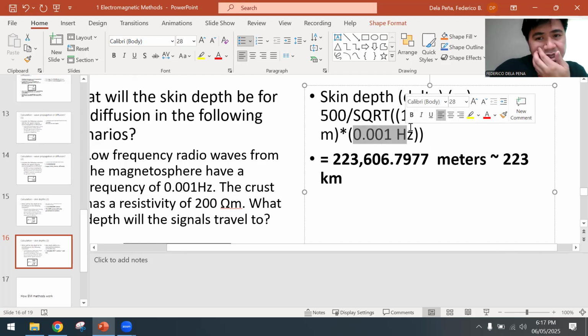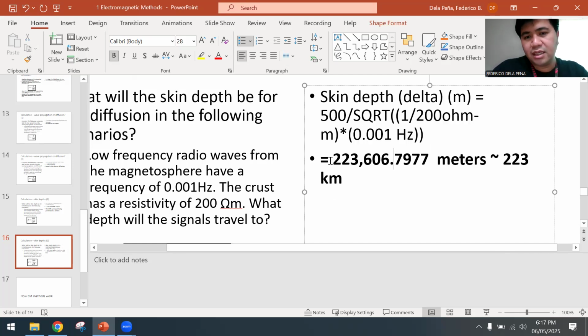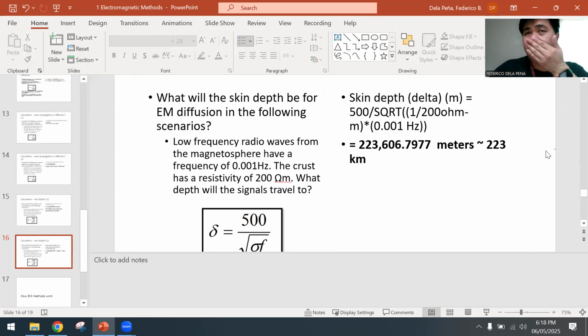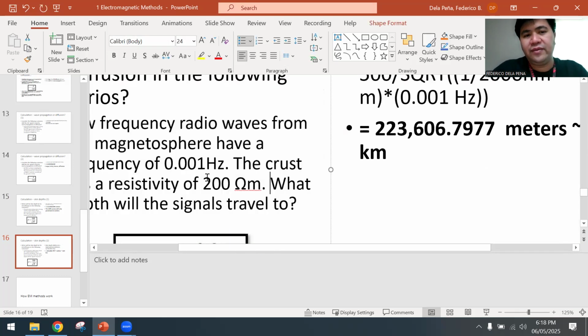And then this is your frequency, 0.01 hertz. And the result is 223,000 meters, or 223 kilometers. So it can penetrate really deep. Super low frequency radio wave, 0.01 hertz.